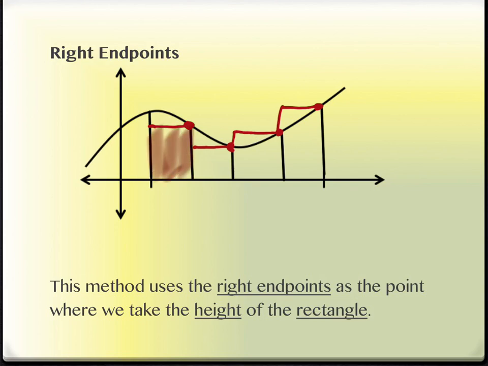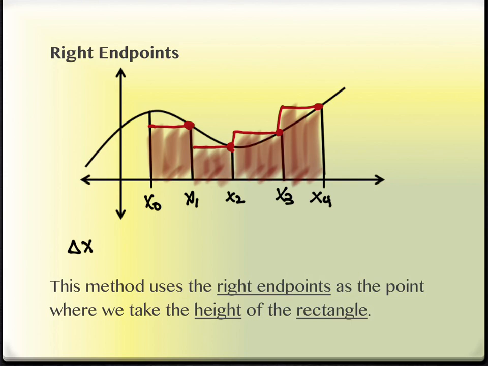And I'm finding these areas. My labels start the same way. This is x0, x1, x2, x3, and x4. But my heights are now determined by the right-hand endpoint instead of the left-hand endpoint. So yes, there is a delta x, but I actually have f of x1, f of x2, f of x3, and f of x4.